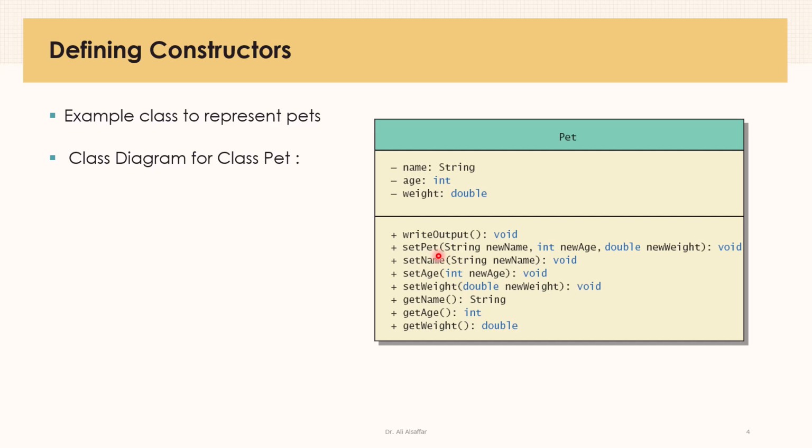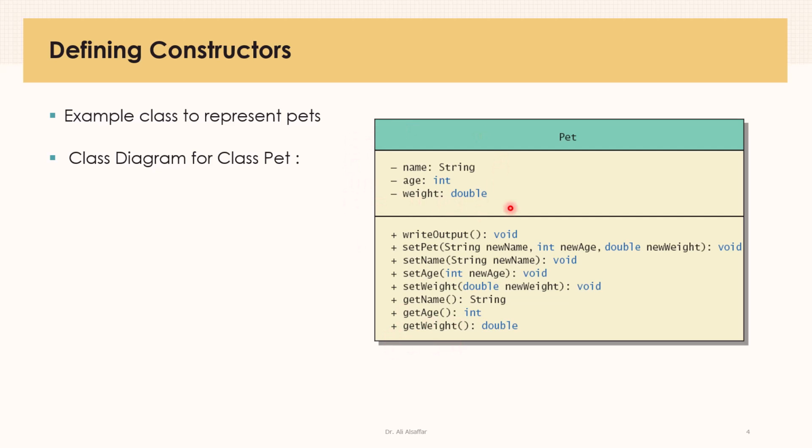So you provide as input parameters the name of the pet, the age, and the weight, and the method will set the 3 instance variables with these parameters. The next methods are for setting the name, the age, and the weight separately. And last, for reading the values of these instance variables, we use getName, getAge, and getWeight.